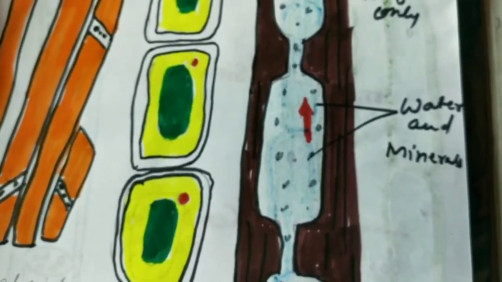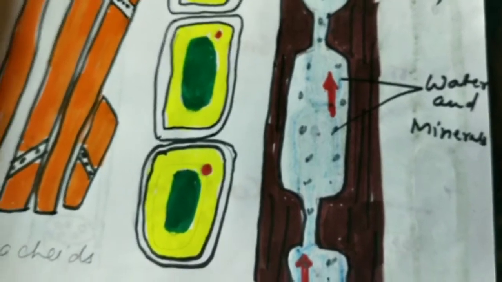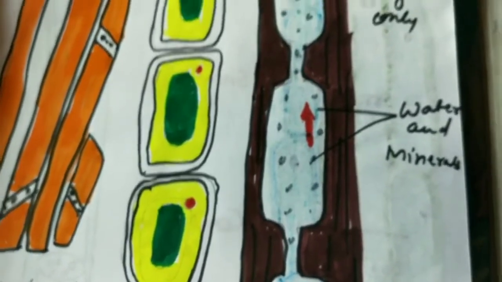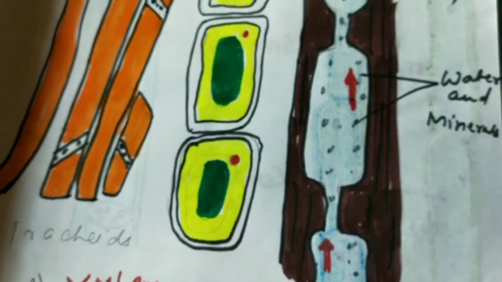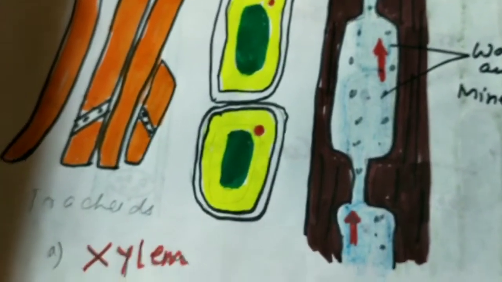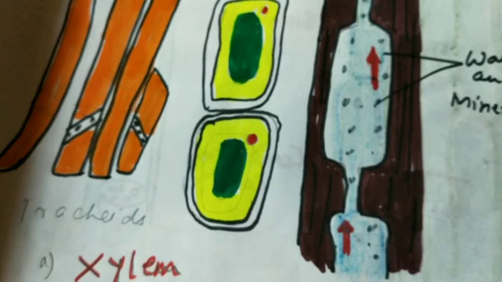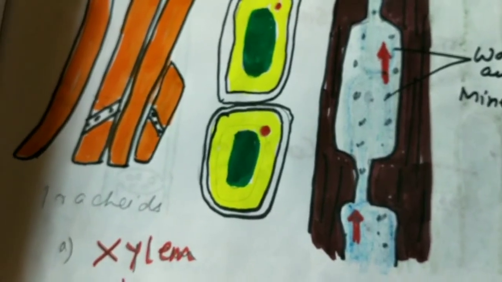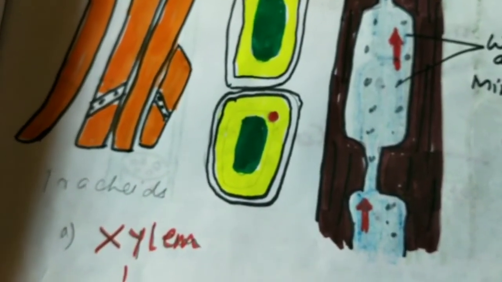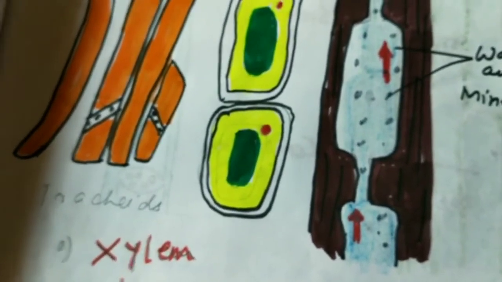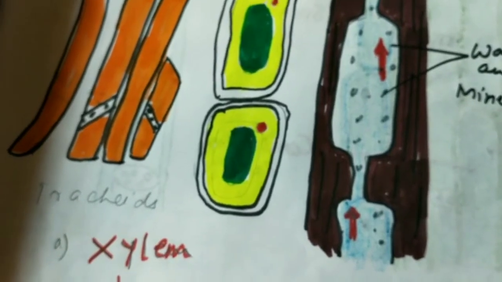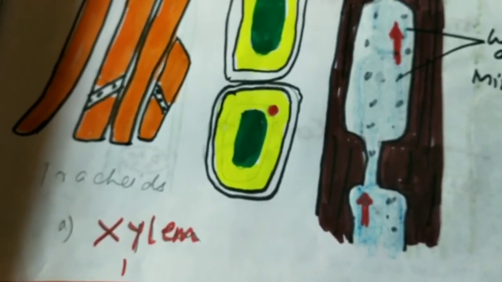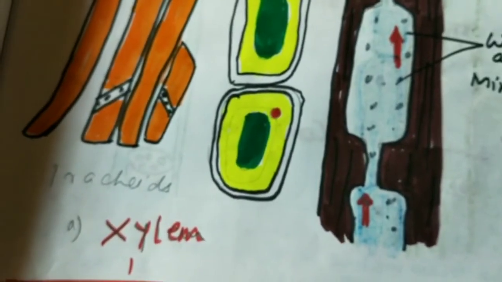From the roots it is absorbed and it goes up to the leaves. You know, xylem is also called wood. So you can assume the action of xylem as long pipes, and these long pipes transport water and minerals from the roots up to the leaves.